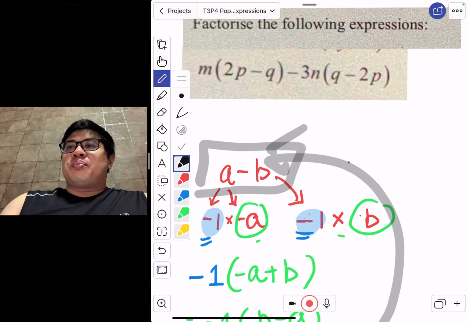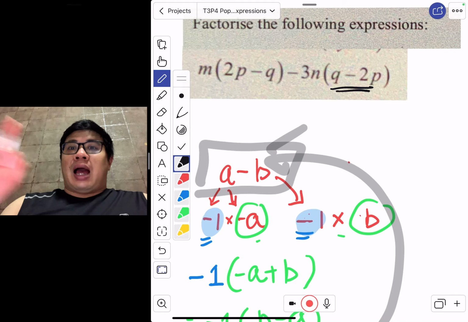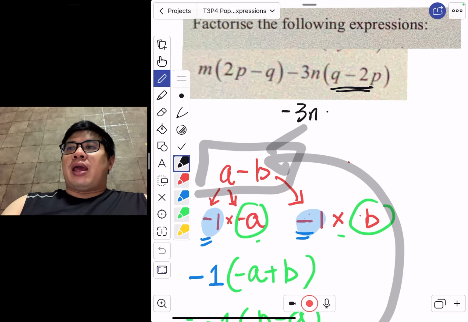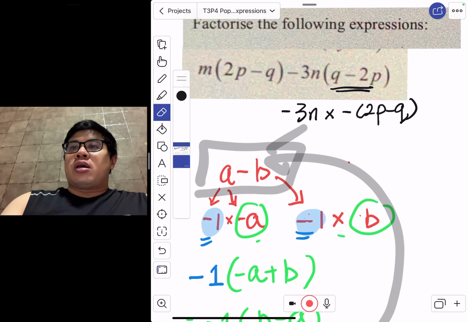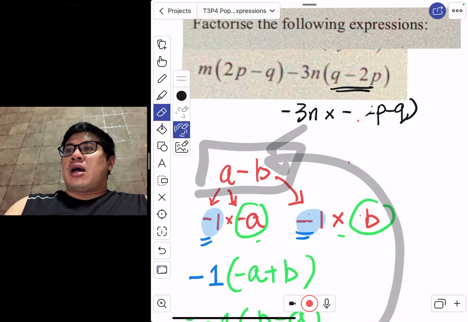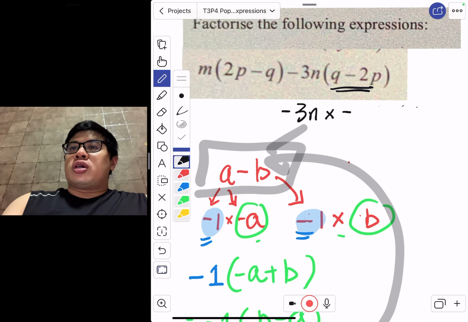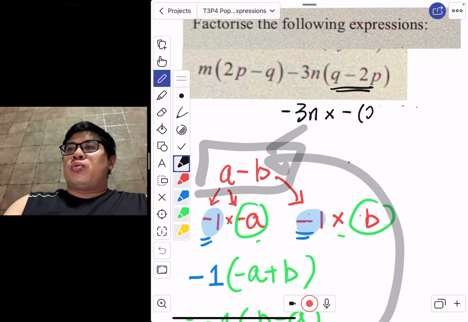This term here, q minus 2p, I can write it as minus 3n multiplied to negative of 2p minus q. Let me write it properly again, sorry for the bad handwriting, just to make sure it's clear. This is 2p minus q.